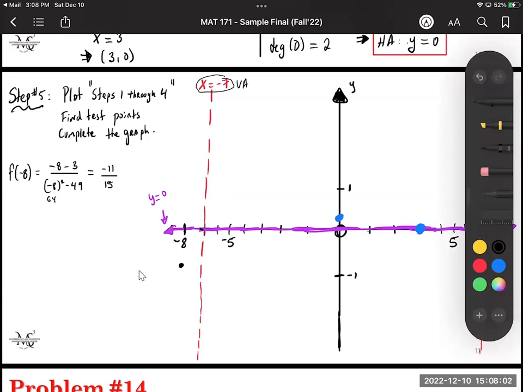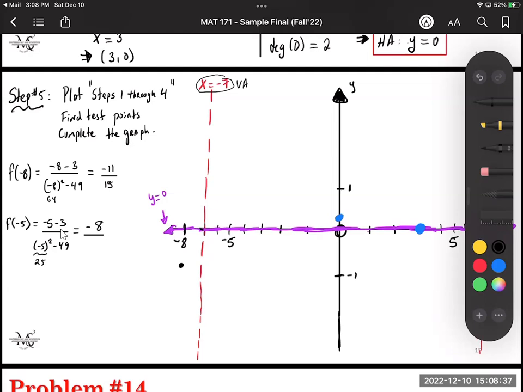Okay, now let's see what happens when I plug in -5. Well, this is going to equal (-5 minus 3) over (-5 squared minus 49). So what is -5 minus 3? It's -8. Over -5 squared, which is 25.